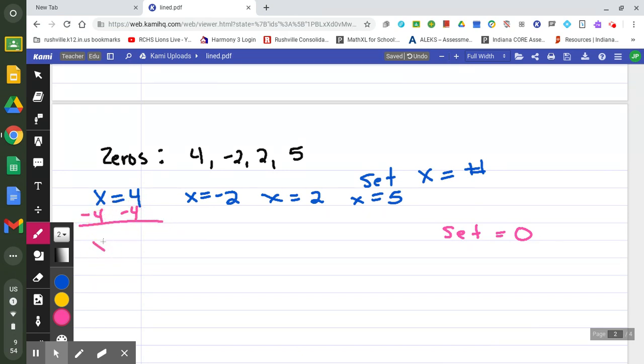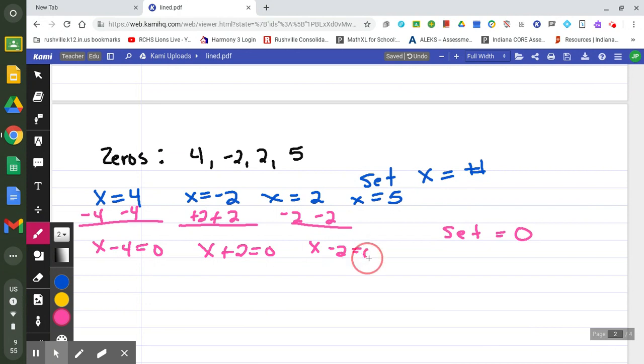So x minus 4 equals 0. And then adding 2 on both sides. So x plus 2 equals 0. And then subtracting 2 on both sides. x minus 2 equals 0. And then subtracting 5 on both sides. x minus 5 equals 0.